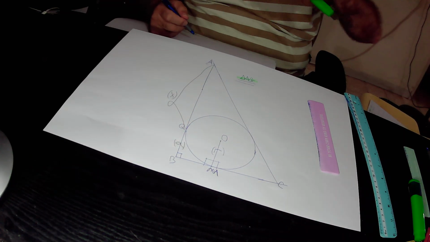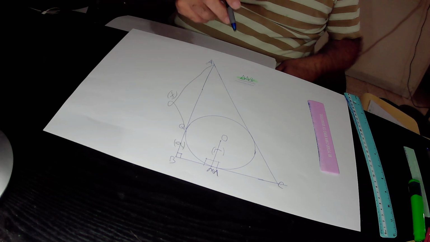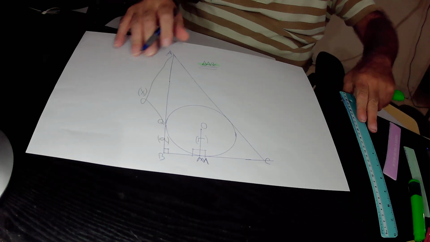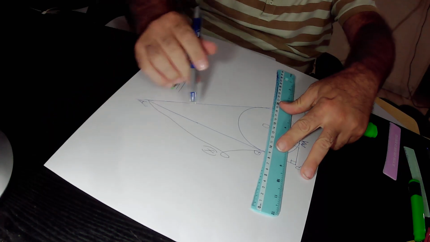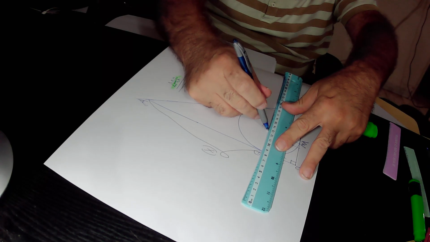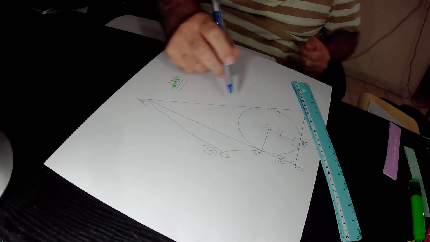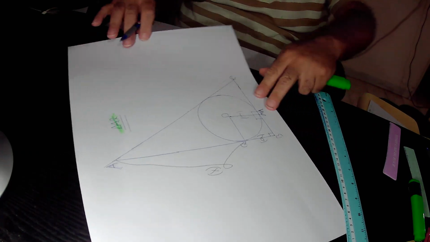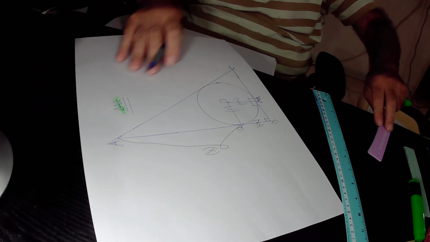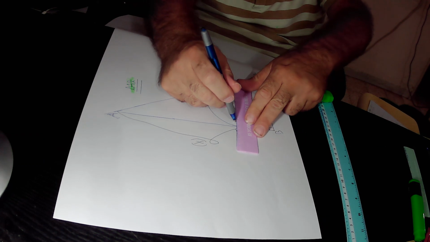Likewise, point Q is the point of tangency of tangent AB with this circle. In the next step, we join points O and Q together by a straight line. OQ is of course the radius of this circle, that equals R. And according to rule 1, this angle equals 90 degrees, and this angle also equals 90 degrees.